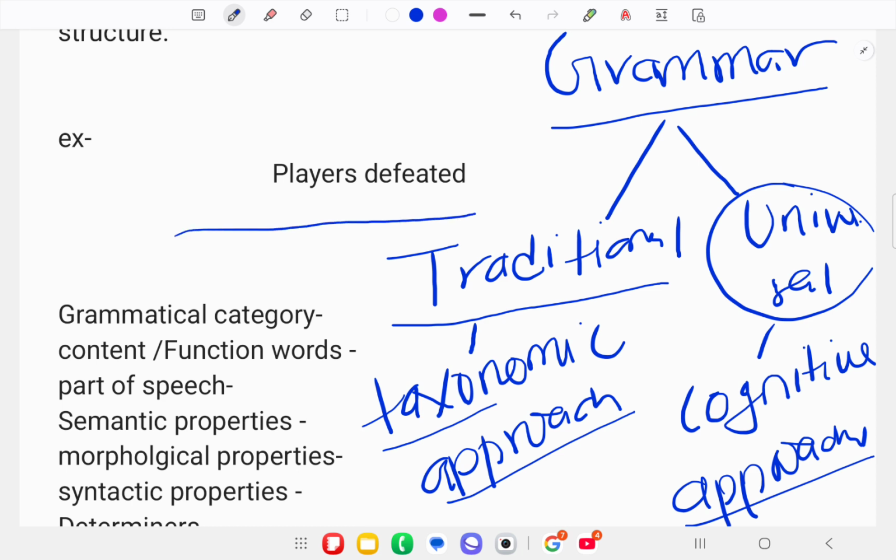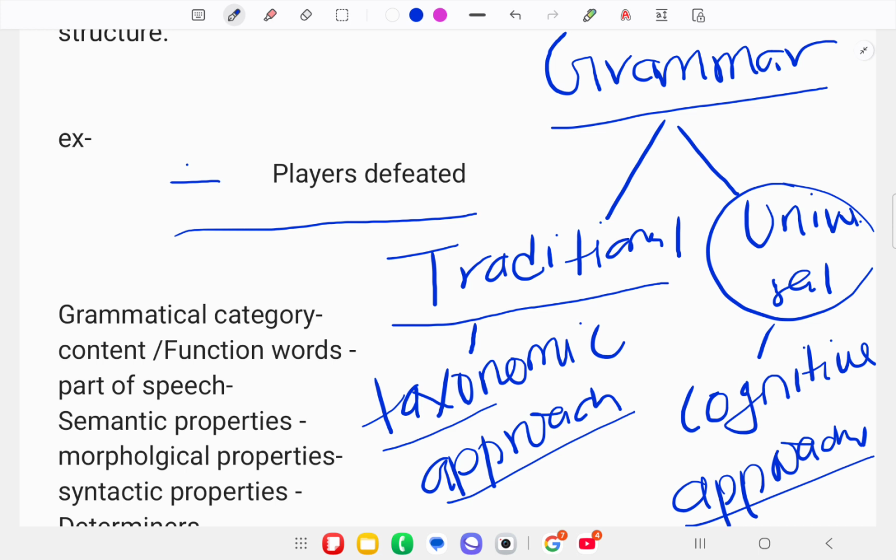We can sense it with this example. Let's suppose the example is "players defeated", in the sense that the players who were playing were defeated by other players.